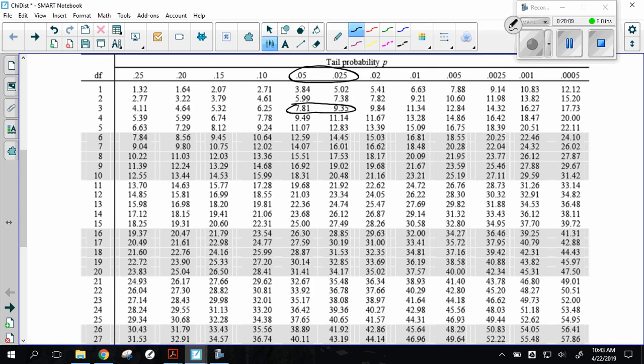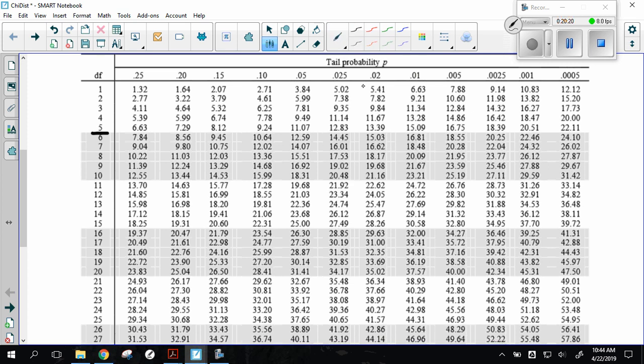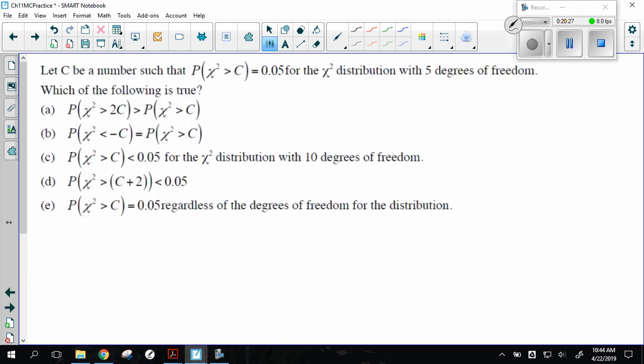We're looking at this row, at the probability that chi-square is greater than some critical value for 0.05.